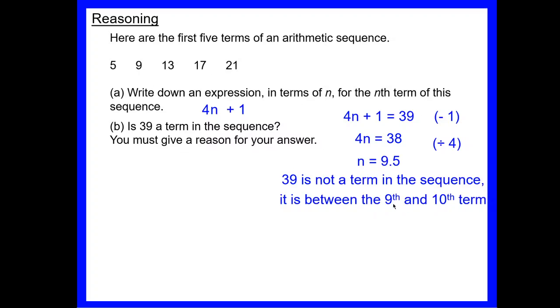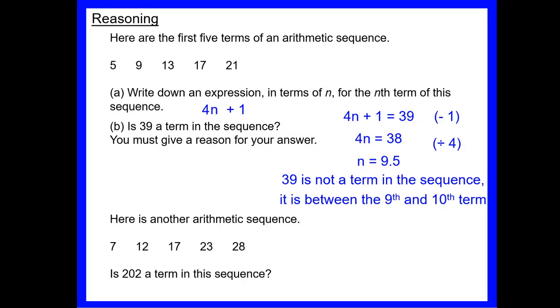It's between the 9th and 10th terms. So whatever number we have here, you need to say whether it is or isn't in the sequence, and you need to give your reason. Our reason is 9.5 is between the 9th and 10th. All our terms are whole numbers. So whenever you get a decimal, you need to say which two terms it's between.